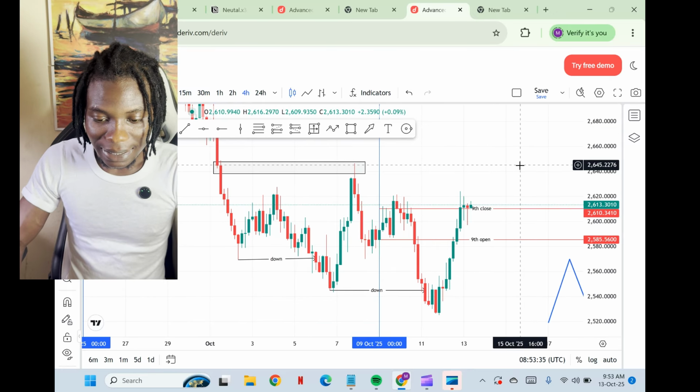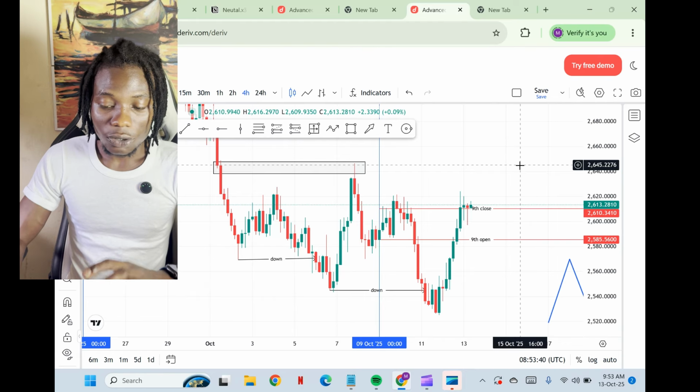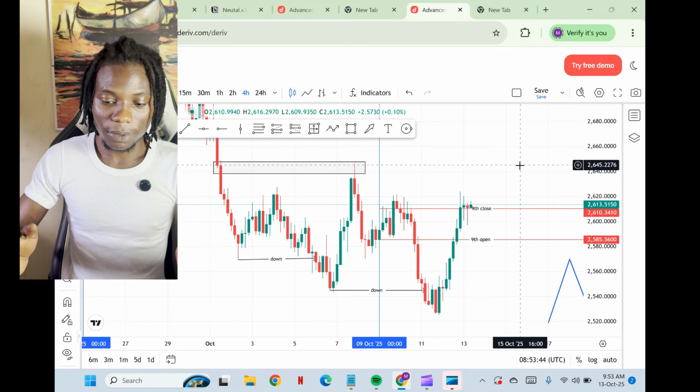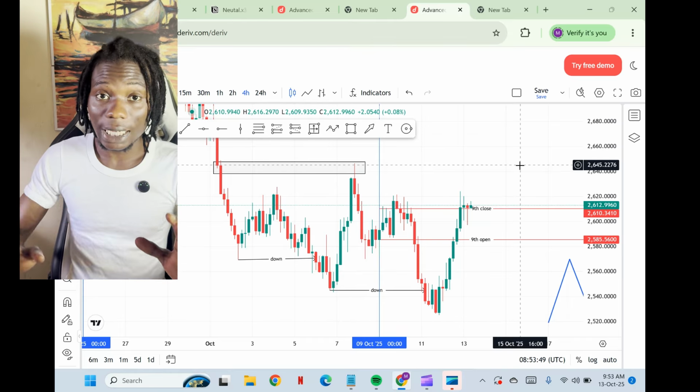But guys, this is what you actually need on the chart, because you need to follow price action and where it goes.